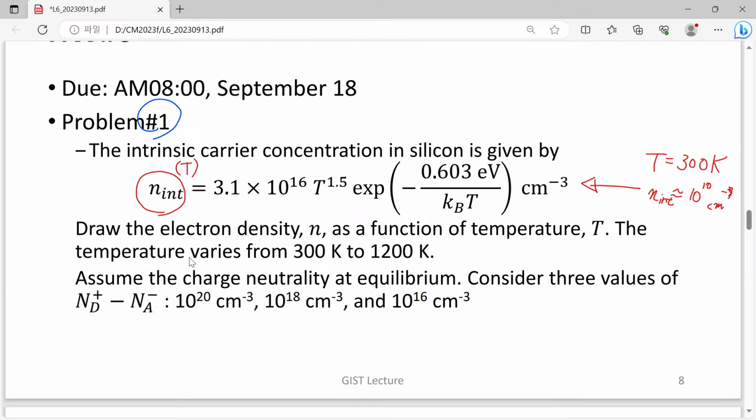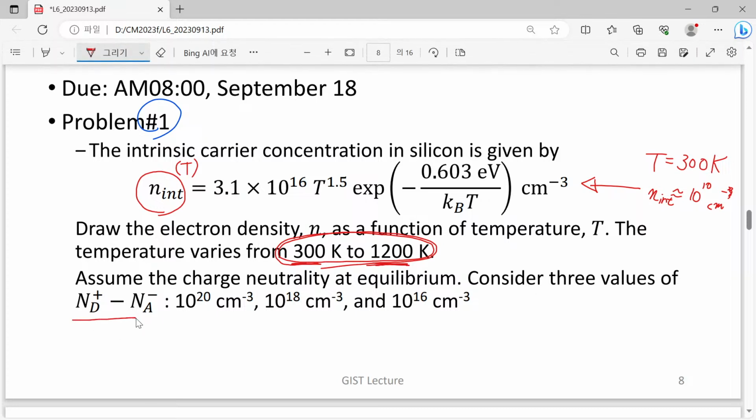Then the temperature ranges in absolute temperature starting from 300 Kelvin, room temperature, up to a number quite close to 900 Celsius. So this is our typical operating temperature for summer annealing, and consider 3 values of doping concentration.